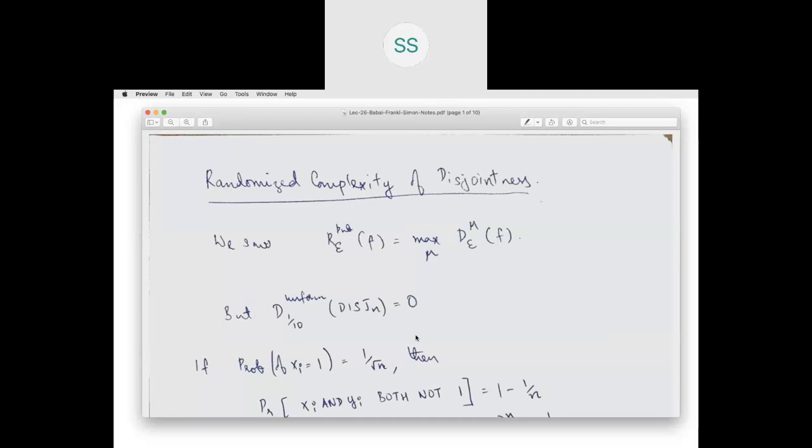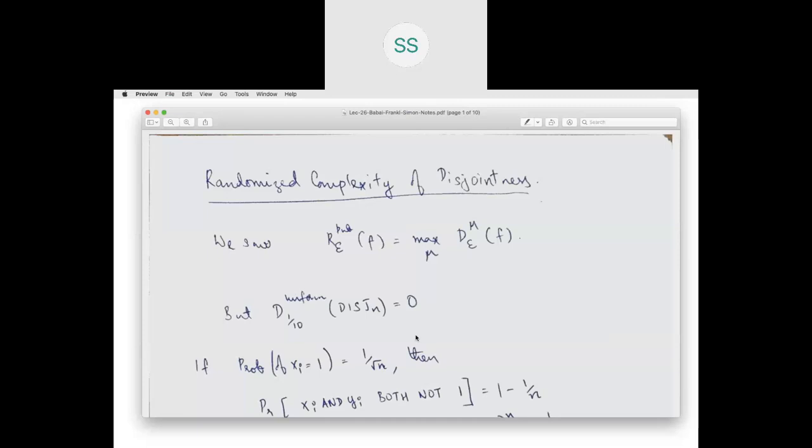We also saw that under the uniform distribution, disjointness has a very low complexity. In fact, we don't need to communicate anything, because most of the input pairs are not disjoint. There are 3 power n ones in the disjointness matrix out of 4 power n entries, so as n increases, this fraction becomes very small.